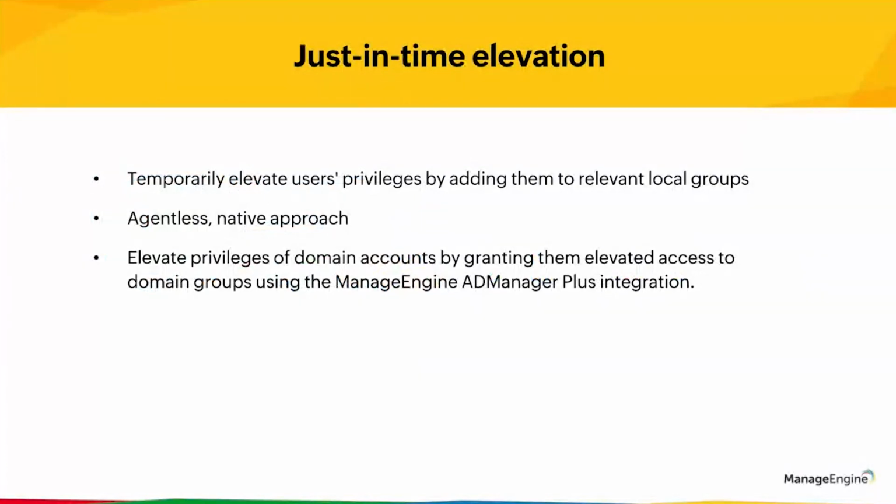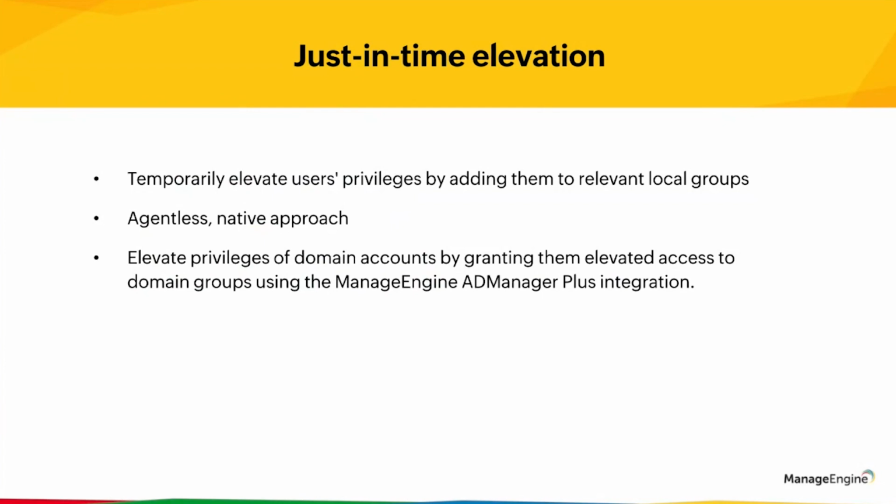That's the first thing we are going to do. And the second thing is we are going for an agentless native approach here, so we don't need any agents to be deployed to do this functionality. However, to elevate privilege for a domain account, we need to integrate ManageEngine PAM360 with our AD Manager Plus integration.